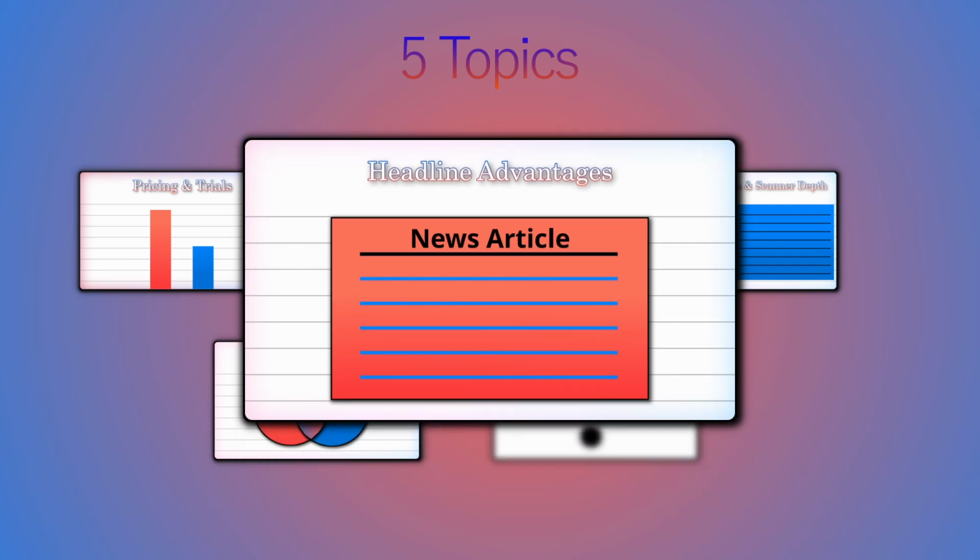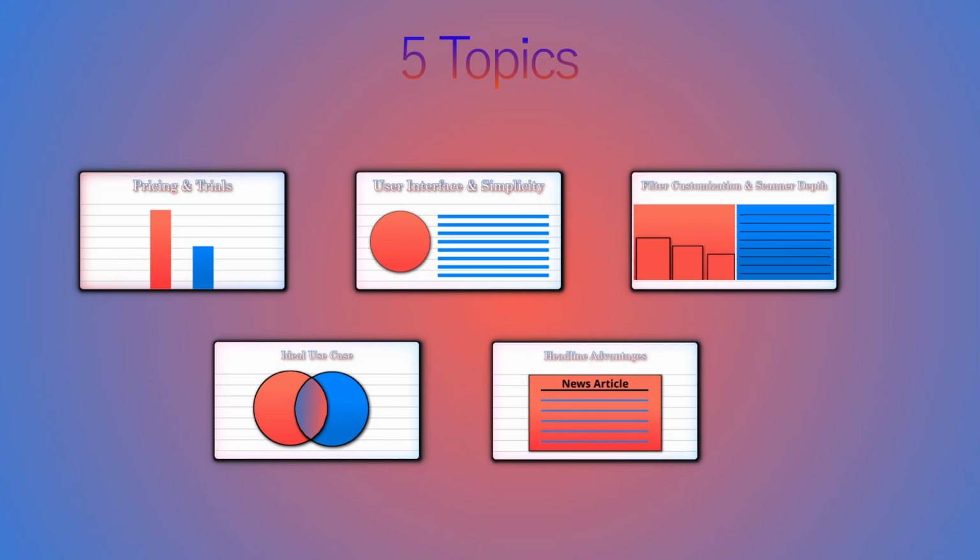Who spots the headline first? If you're using FoxRunner, do you spot the headline first, or if you're using Scanz, do you spot the headlines first?